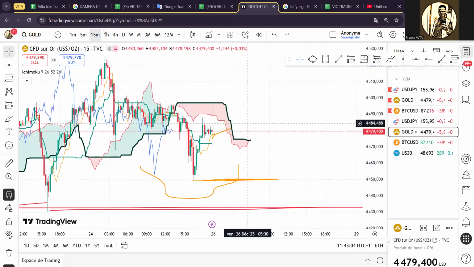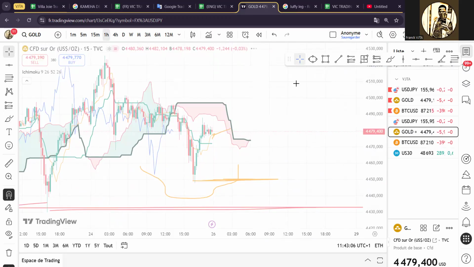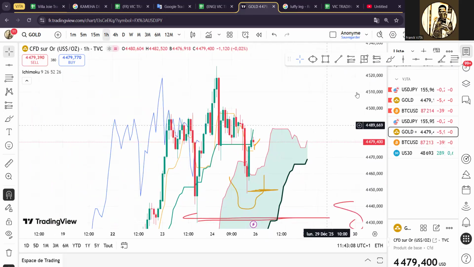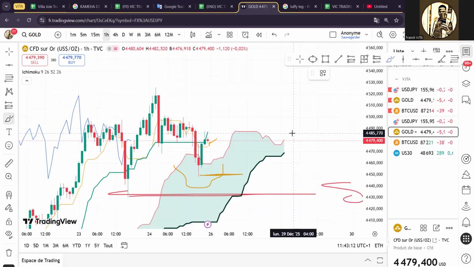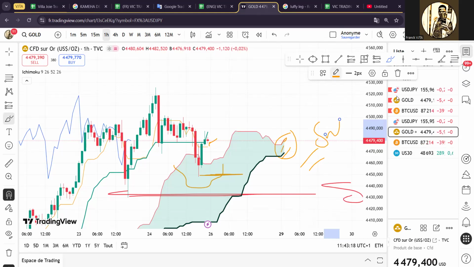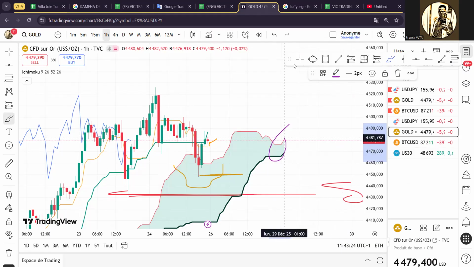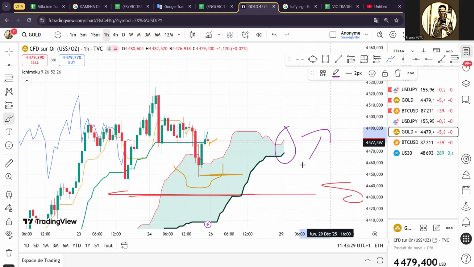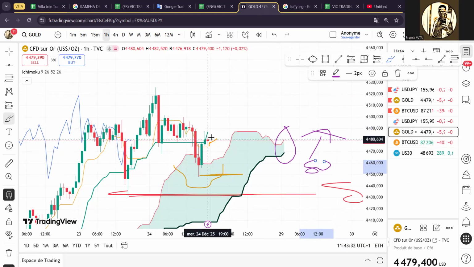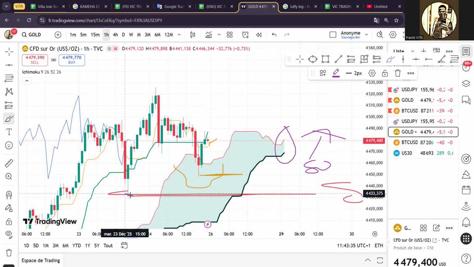You can even look at 1 hour. Look at what the 1 hour is telling you. The 1 hour cloud is bending to the upside, an inclined snake on 1 hour. It shows the intention of the market to keep moving to the upside, and proves that this one is the maximum stop loss.